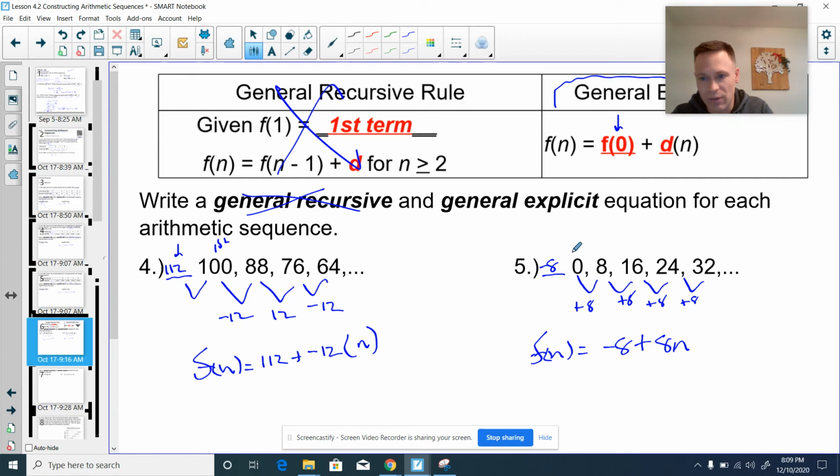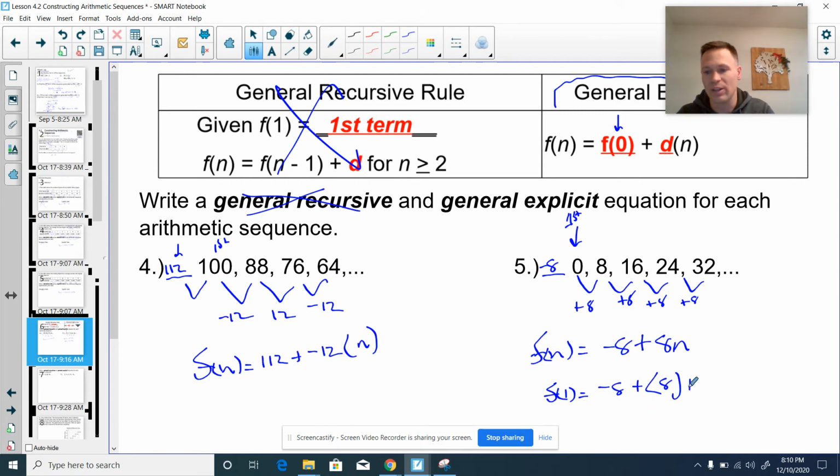Notice if this was the first term that we're given, some of you might be thinking, why in the world are we going back? Well, if this is the first term that we're given, that means we're going to substitute 1 in for n. So if I substitute in 1 for n, f of 1 would be equal to negative 8 plus 8 times 1.